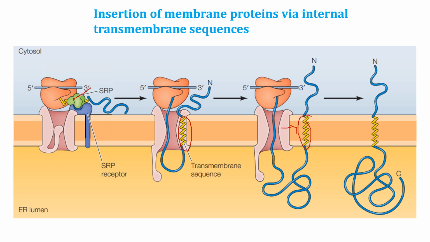The remainder of the polypeptide chain is translocated into the ER and its translation proceeds. So the N terminal is exposed to the cytosolic side and the C terminal is exposed into the ER lumen.